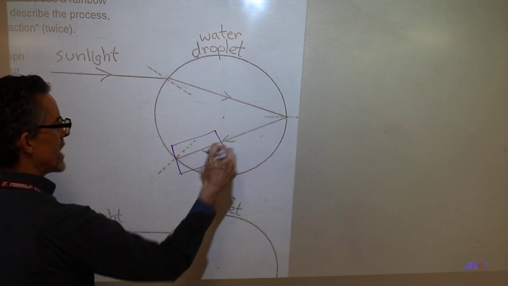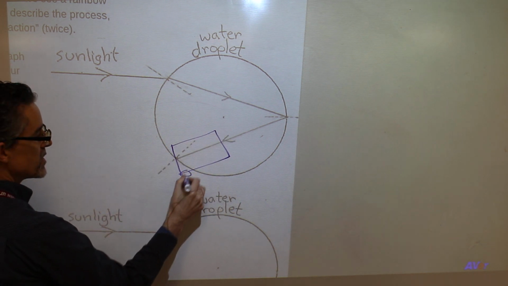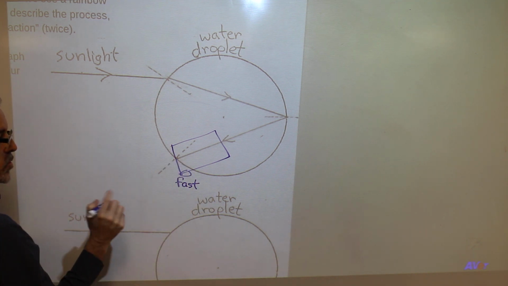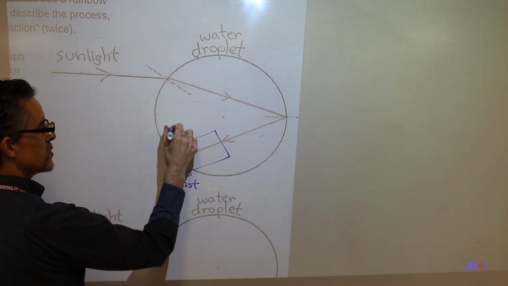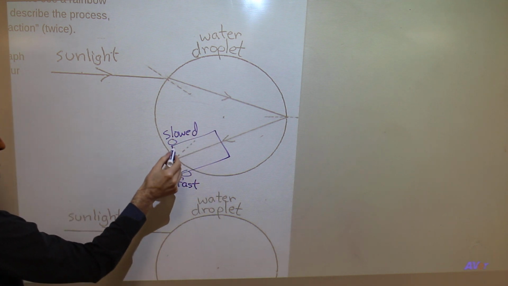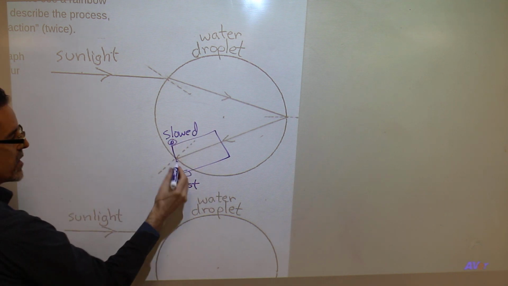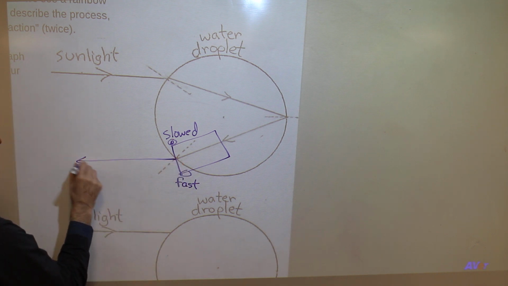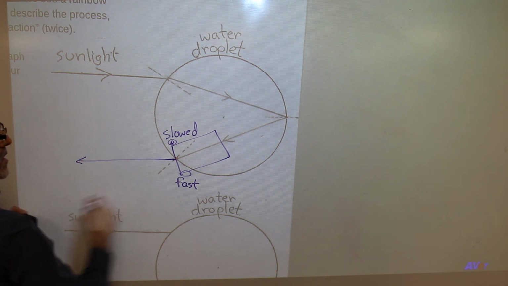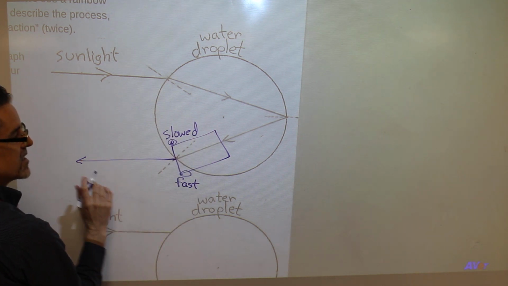All right, the car coming out of that raindrop is like this. The light's going out into air where it speeds up. So this wheel is going fast, or that part of the light, if you will, is going fast. This part of the light is still slowed. So just like a person walking with their hands out, if this hand gets slowed, they are going to get curved that way. Instead of down like that, they would get refracted up. That's what the light is doing.